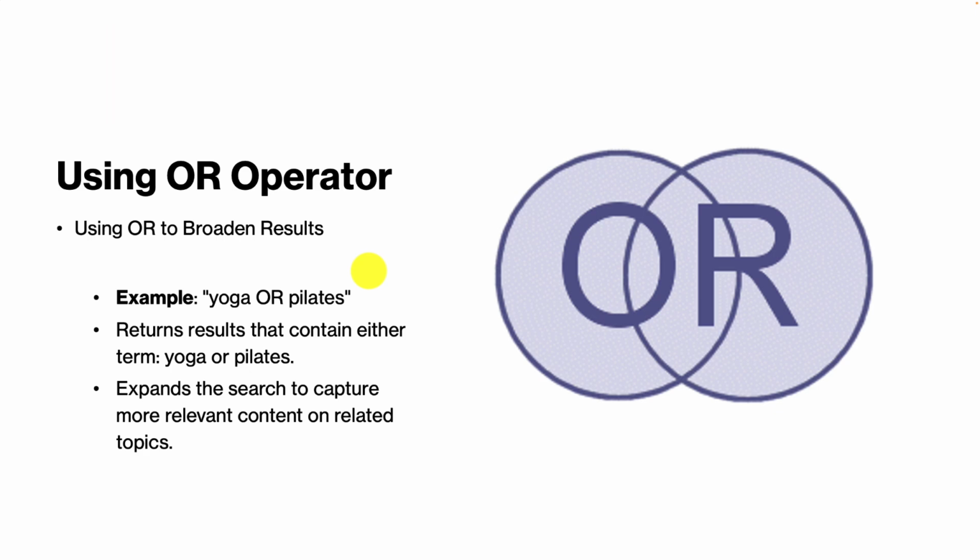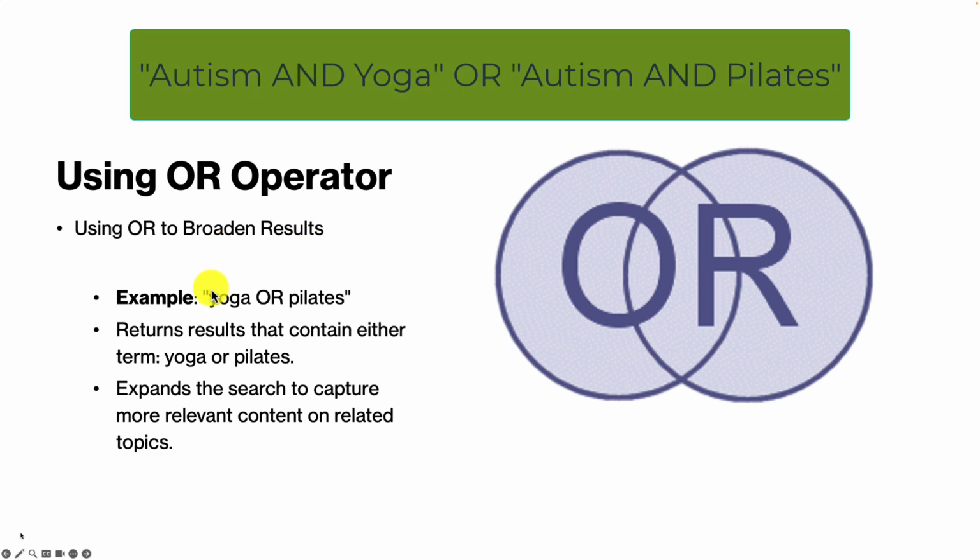So let's say we did yoga or Pilates, but let's say we wanted to do children with autism as well. We could say autism, parentheses, and yoga, or autism and Pilates, right?